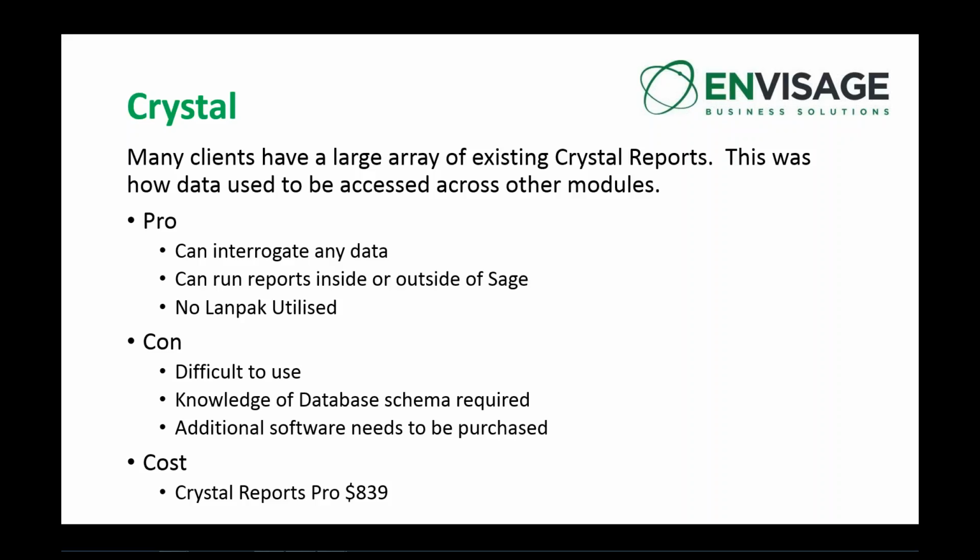If you've been using Sage for some time, you probably have a mass of these Crystal reports, because that was how you got access to anything inventory, purchase order or sales order related. The financial reporting tools were always just for the general ledger, so we had to use Crystal to get any other information out. The pro is that you can run the reports inside or outside of Sage.